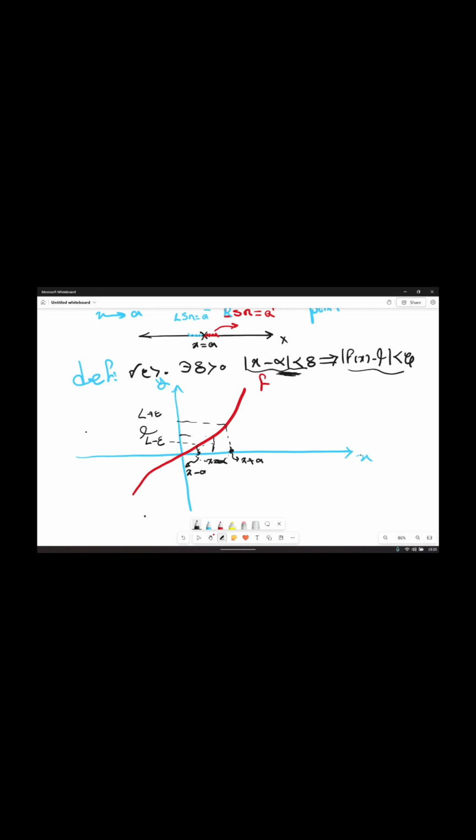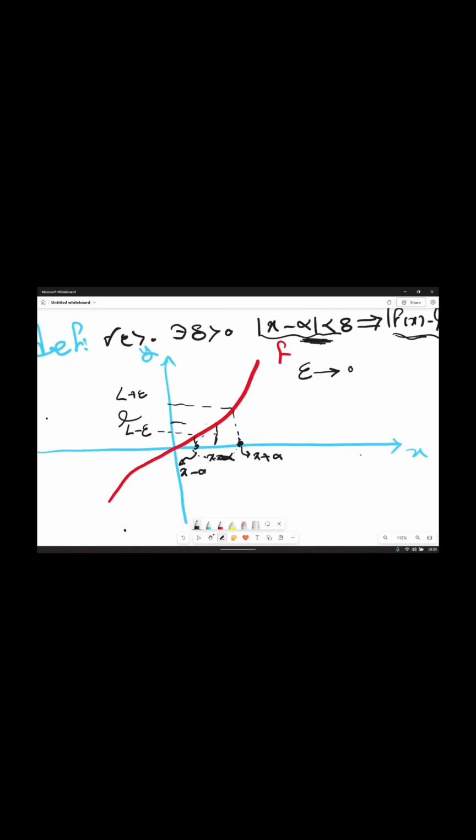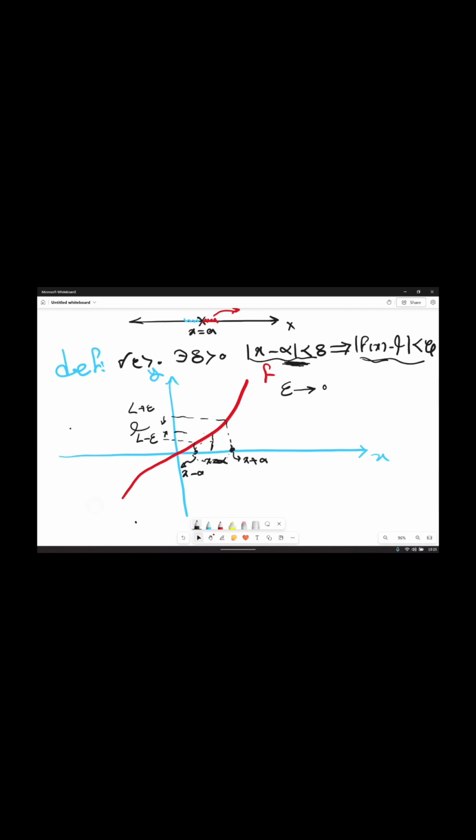The mathematical definition says for every epsilon, if epsilon is so little, going to 0, what happens? This epsilon goes to 0, this right side comes to L, and the left side goes to L. Therefore, this definition says what happens when the interval goes to 0.